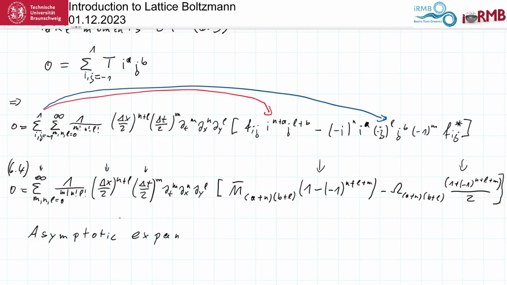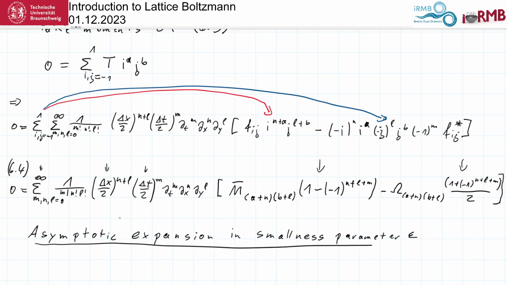It's also useful, but the more rigorous way of doing this is by so-called asymptotic expansion. So always remember the asymptotic analysis has two expansions: we have the Taylor expansion and we have the asymptotic expansion.